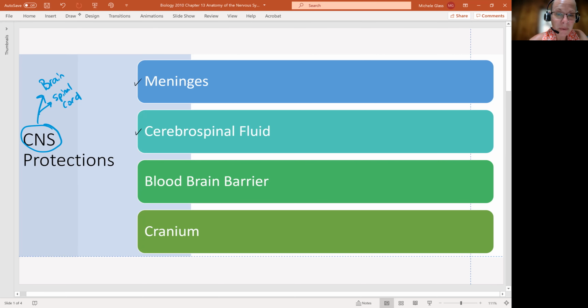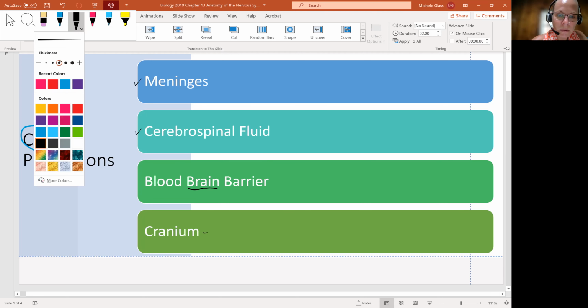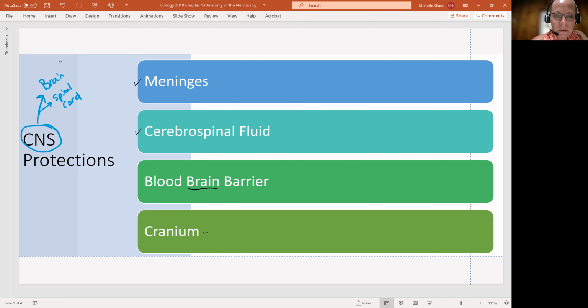The blood-brain barrier is just the brain, and the cranium is going to be talking about the skull bones that protect the brain. But you know what?